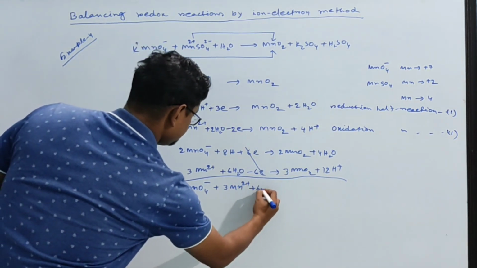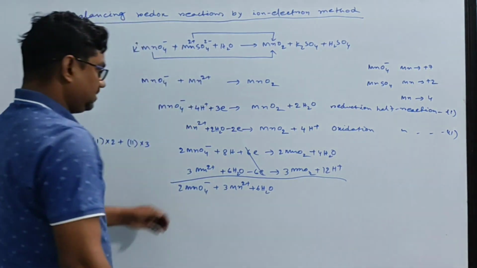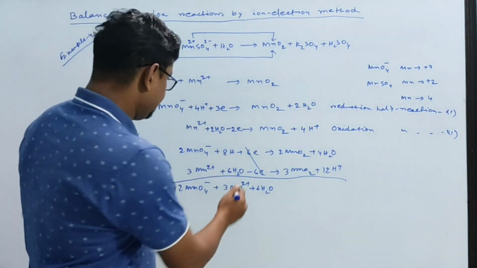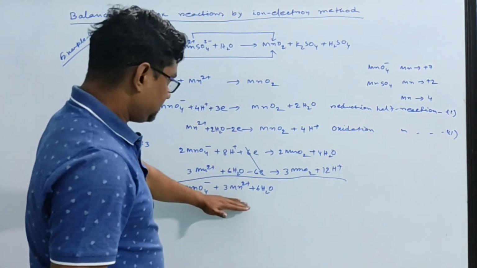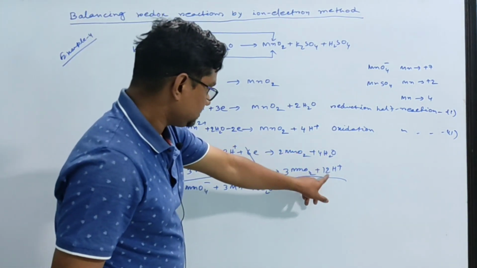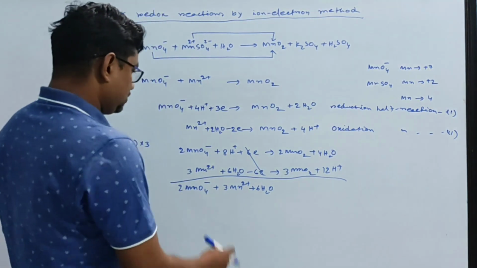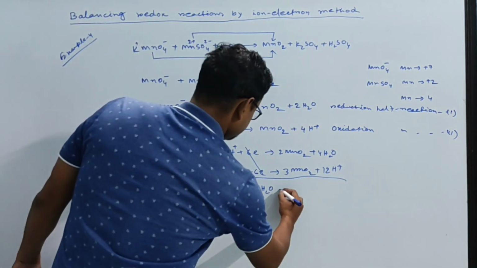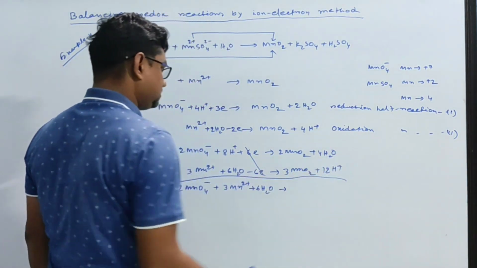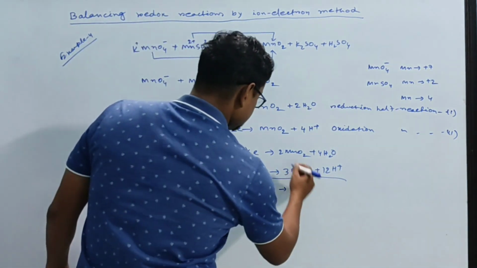Plus 6 H2O. Here you see we will get 8 H plus ions at the left hand side, but at the right hand side 12 H plus ions are there. So we will not write any H plus ions at the left hand side. The remaining 4 H plus ions will be written in the right hand side.